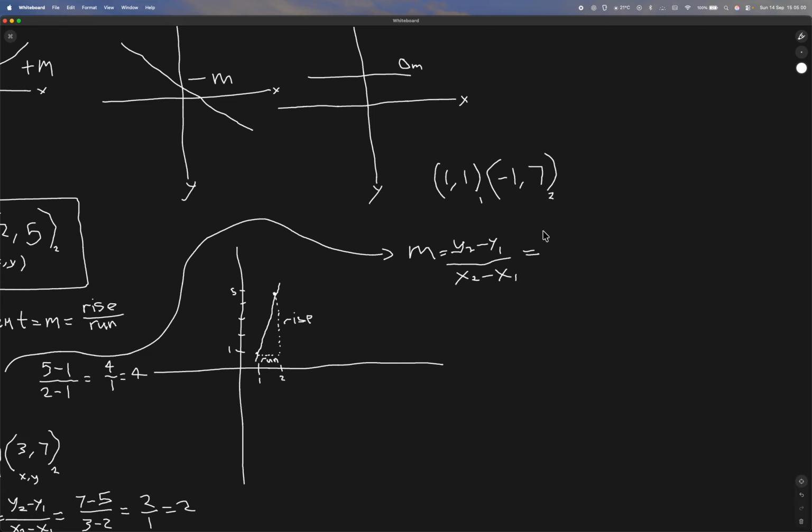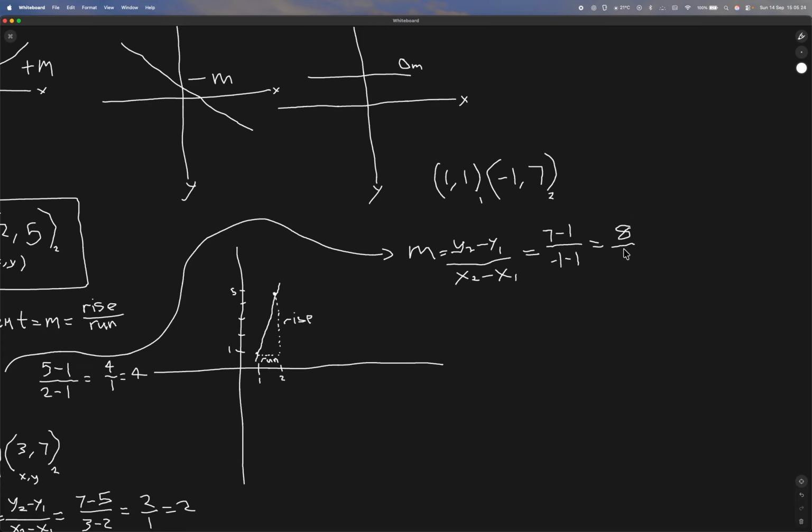So y2 is 7... minus y1, which is 1, over x2, which is -1, minus x1, which is 1. 7 minus 1 is 8.